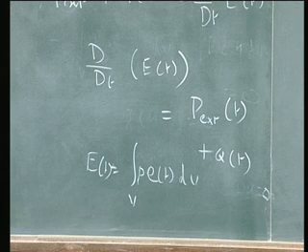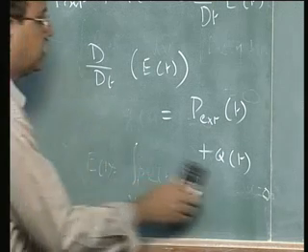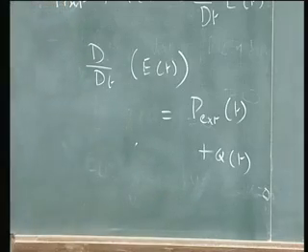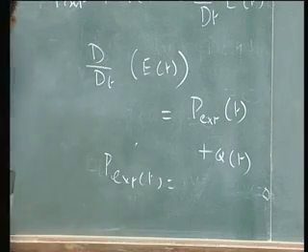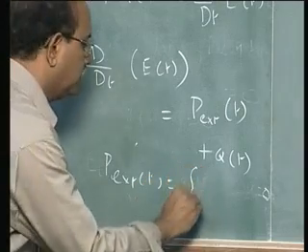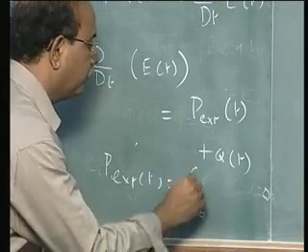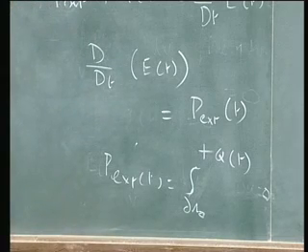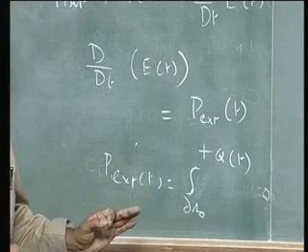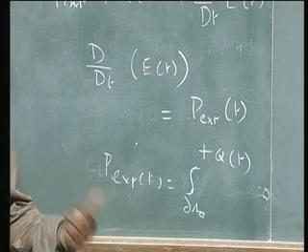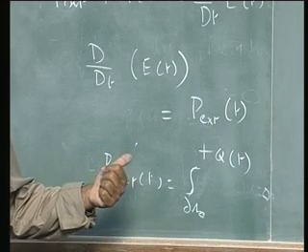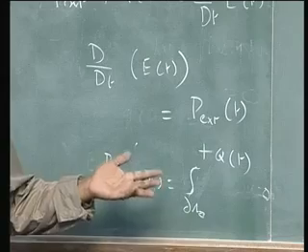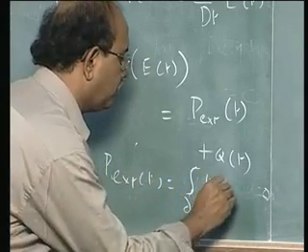Now, what is P external? P external is nothing but the external work done, and so the P external term can be written as integral over d omega 0. How do you write that? Previously it was T dot U. Now, since rate quantities are involved here, it becomes T dot V, velocity.